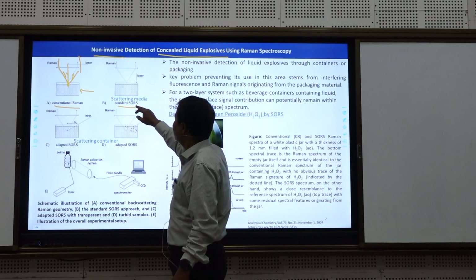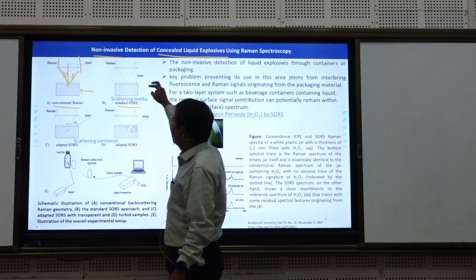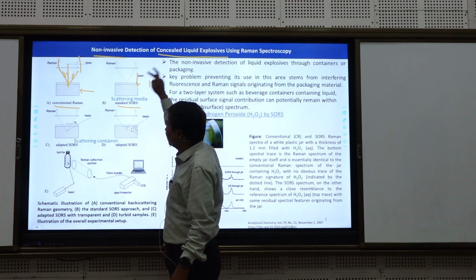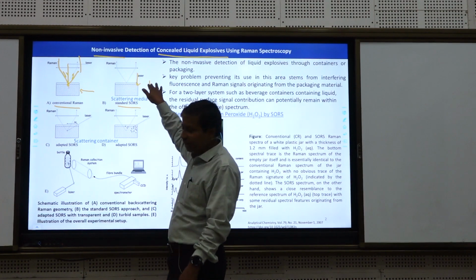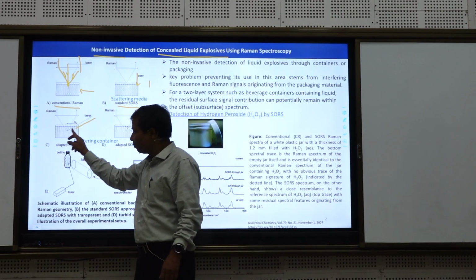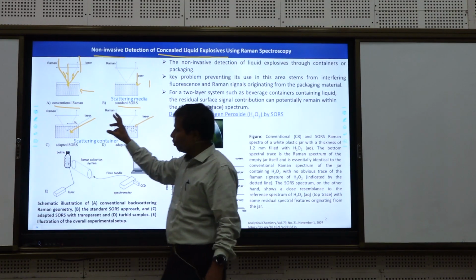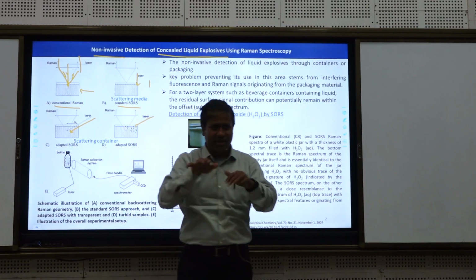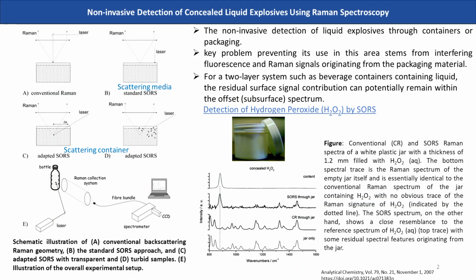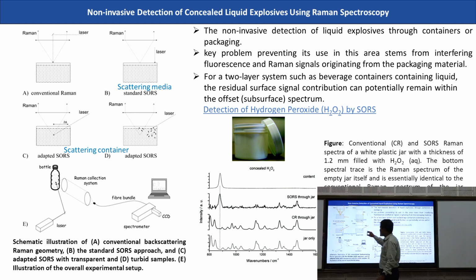In this technique, they excite in another place, from the side, or from this corner, or from this corner. You can excite from any side and take the spectrum from one particular direction, and then you can find out the Raman spectra of that species.